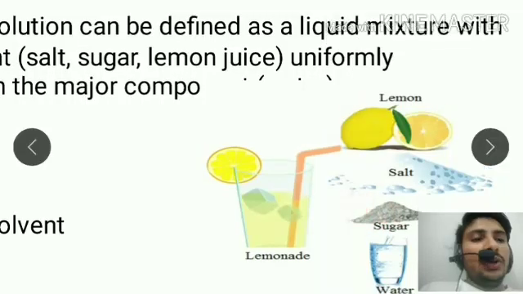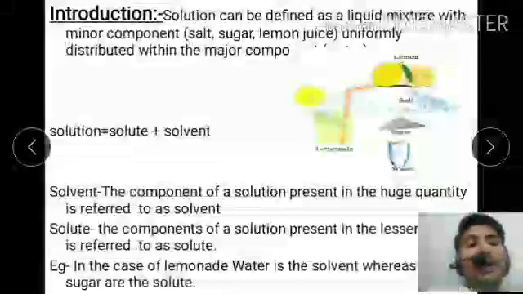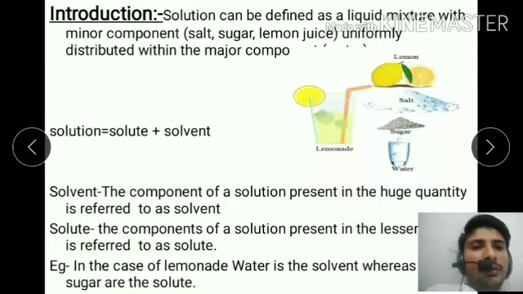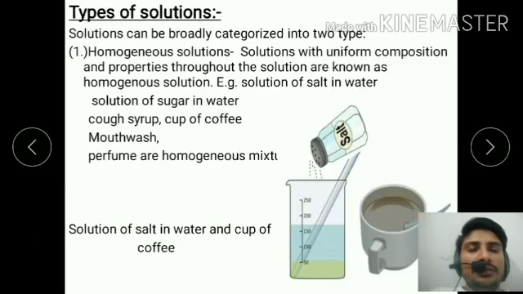The component present in less quantity is called solute, and the component present in larger quantity is called solvent. For example, sugar solution and salt solution are examples of solutions. Now move to the next slide.